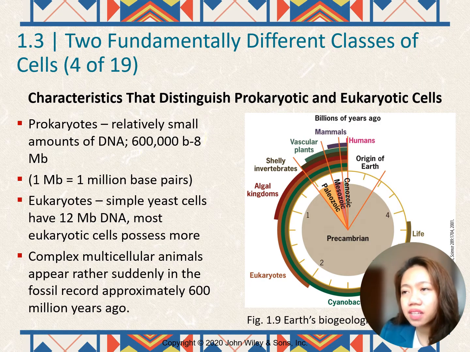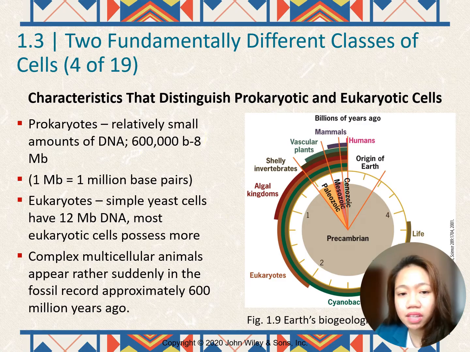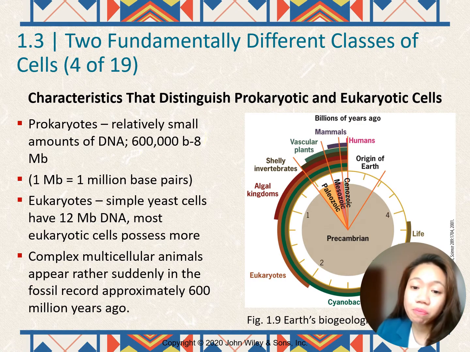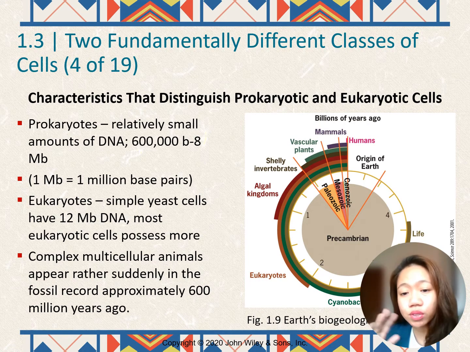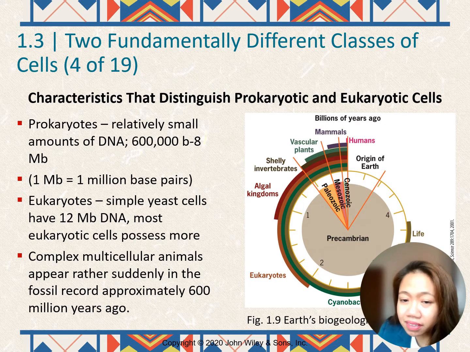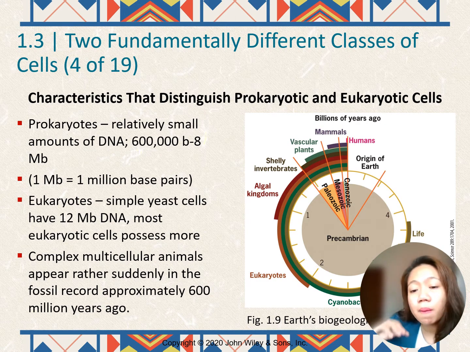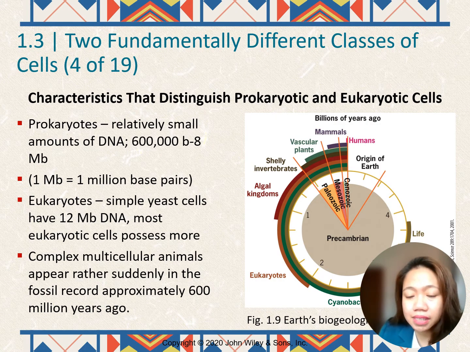But as soon as the Earth's surface cooled down, there were already remnants of life, and we have found fossils of this. These fossils were left behind by prokaryotic cells. So it is safe to say that prokaryotic cells are the first organisms on our planet. That's why they're so simple and so small.